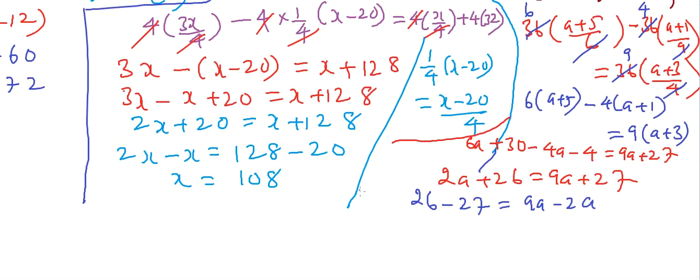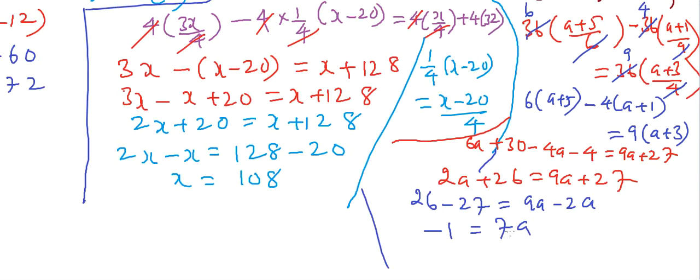Which means 26 minus 27 is minus 1. Minus 1 is equal to 7a, or 7a is equal to minus 1.